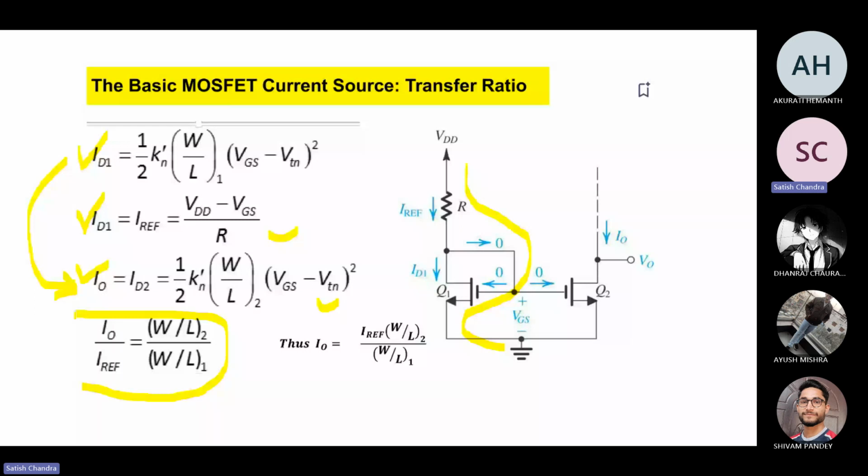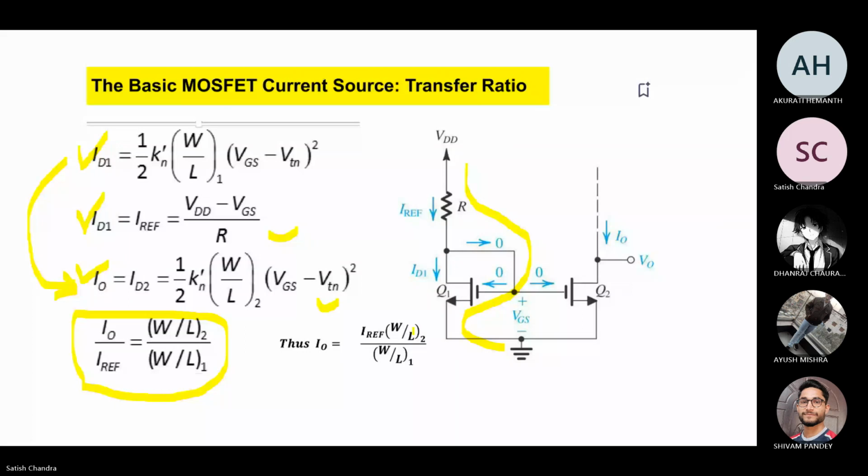And if the W by L of both of them is similar, we can attain that same kind of current. So we can also change the ratio of the current to be transferred based on the W by L ratio, or you can say aspect ratio.